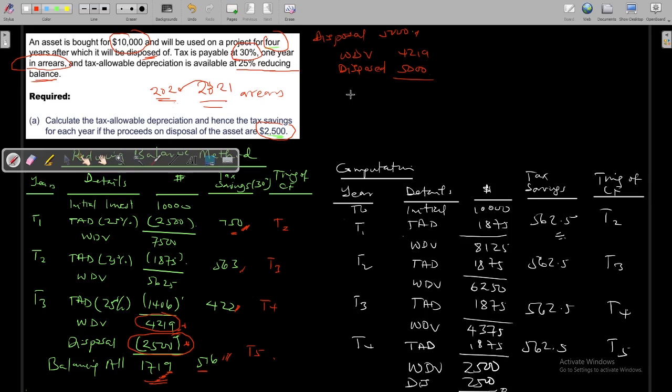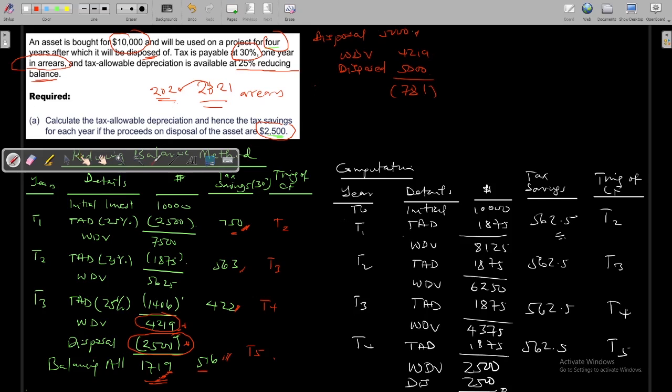The excess here is 5,000 minus 4,219, which is 781, and this amount is in excess of the asset's value.